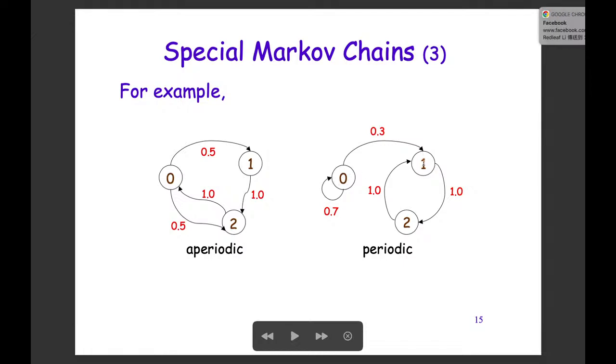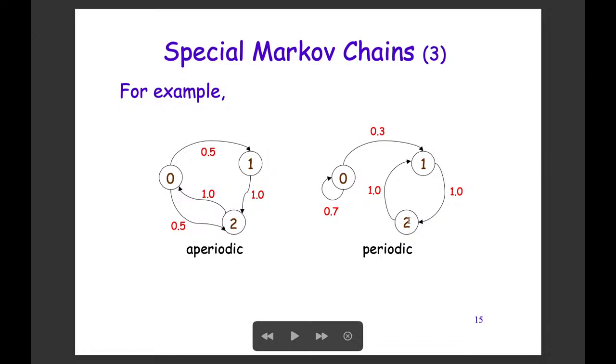But how about state 1? You start here, and it can come back in 2 steps, or in 4 steps, or in 6 steps, and so on and so forth. So for state 1, every time it comes back, it must be a multiple of 2. In such a case, state 1 here is periodic.